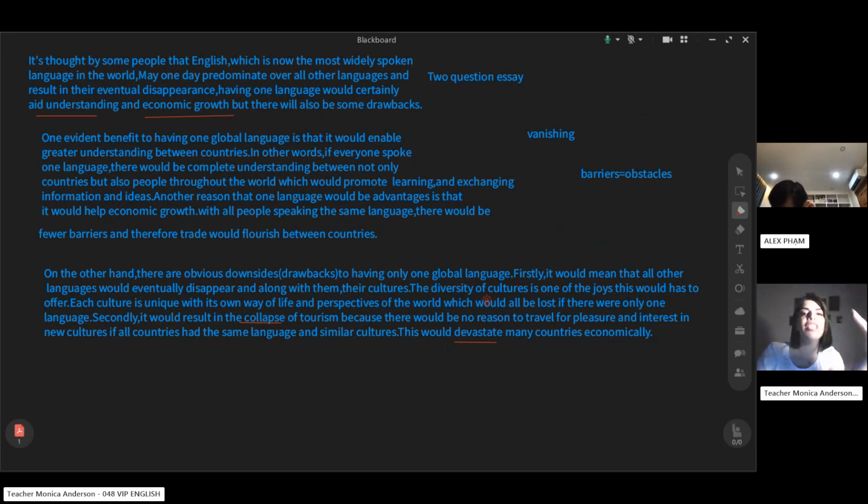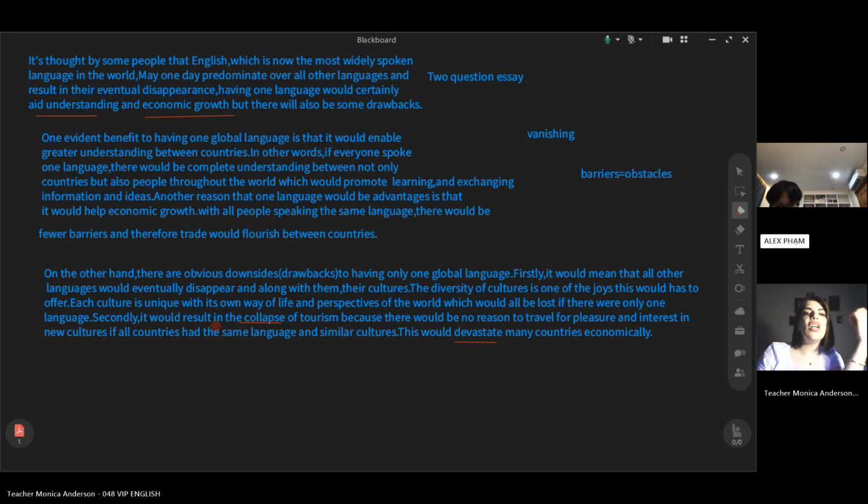So the diversity of cultures is one of the joys you mentioned this world has to offer. Each culture is unique with its own way of life and perspectives of the world, which would all be lost, as you mentioned, if there were only one language.